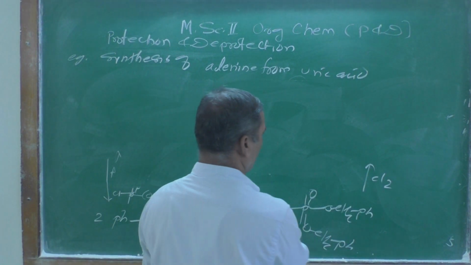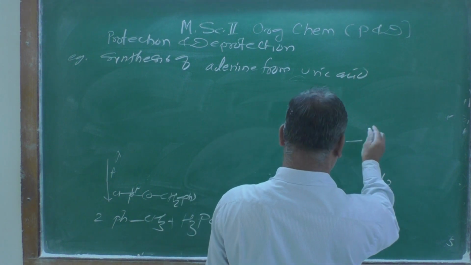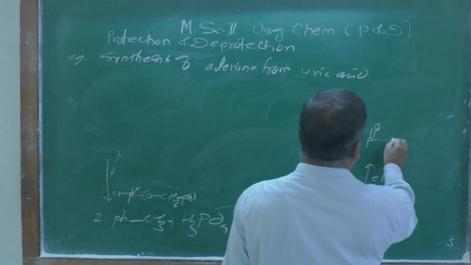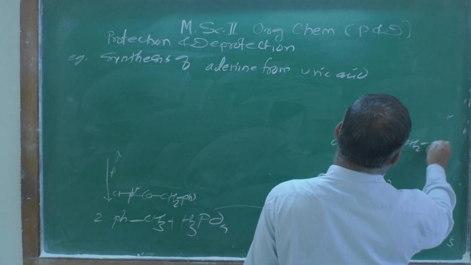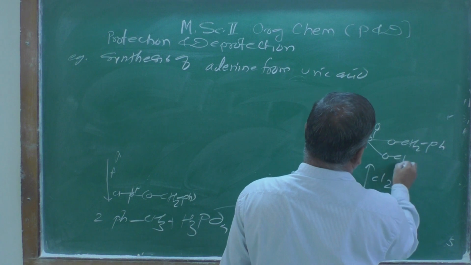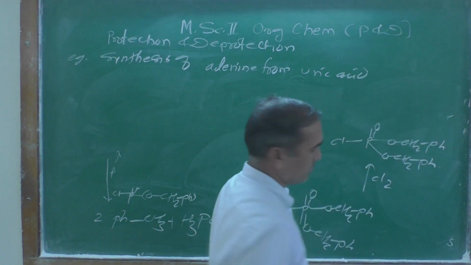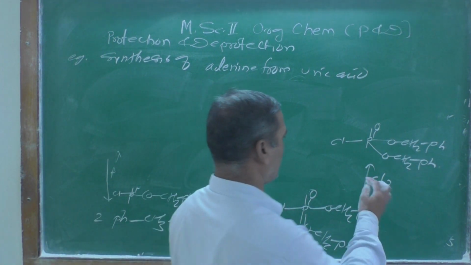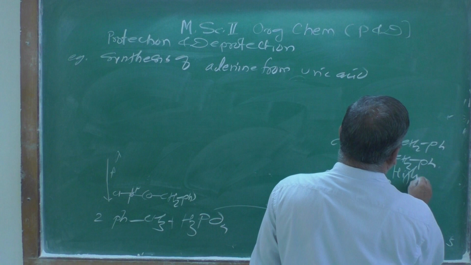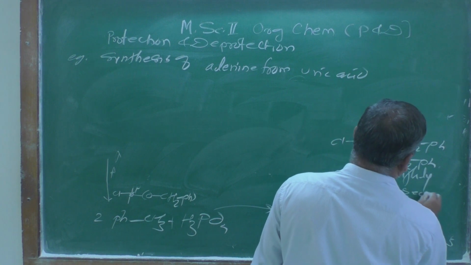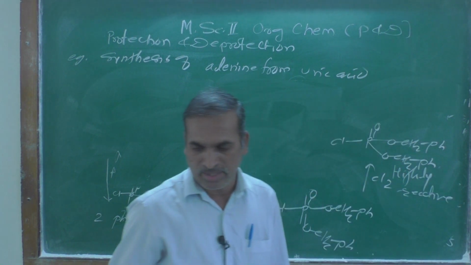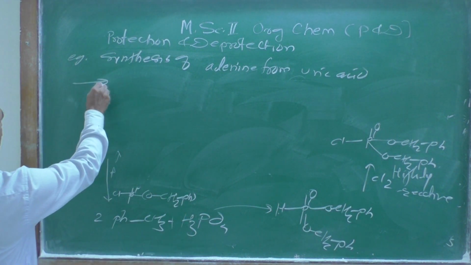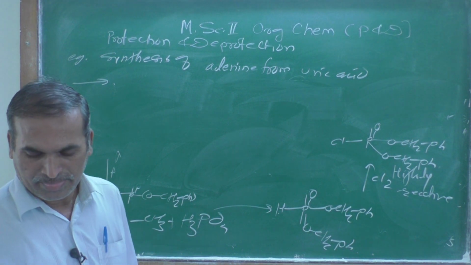What do you get? This hydrogen is easily replaced by chlorine, P double bond O, then OCH2Ph, another one OCH2Ph. That is the product you are going to get. This is a highly reactive species, and therefore finally what you are going to get over here.